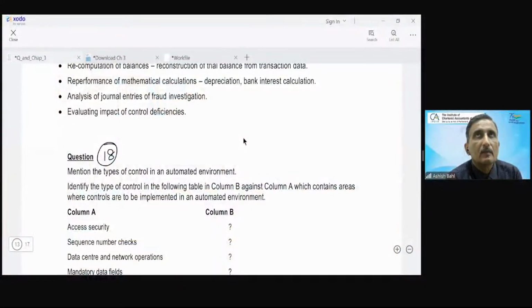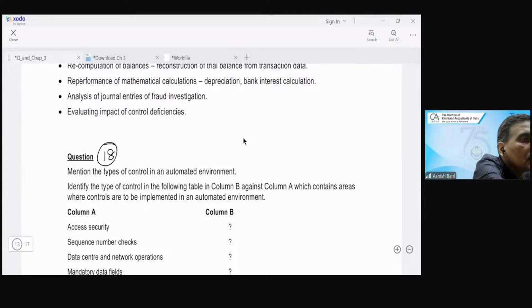Welcome back, students. You have also read about automated environment in this chapter. So tell me, what do you mean by automated environment first? Yes, guys, have you joined?